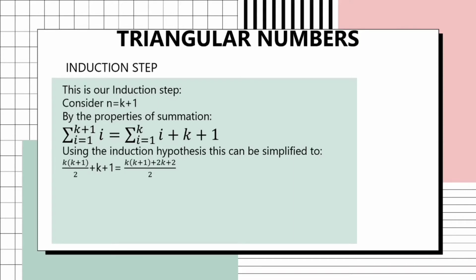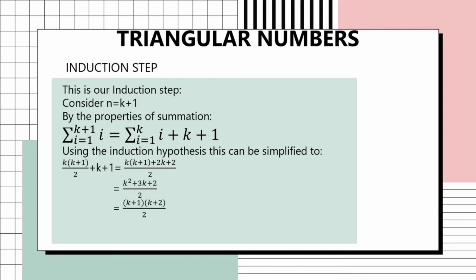So using the induction hypothesis, this can be simplified to k multiplied by k plus 1 all over 2 plus k plus 1, which is k multiplied by k plus 1 plus 2k plus 2 all over 2. And it is equal to k squared plus 3k plus 2 all over 2, which is equal to k plus 1 multiplied by k plus 2 all over 2.